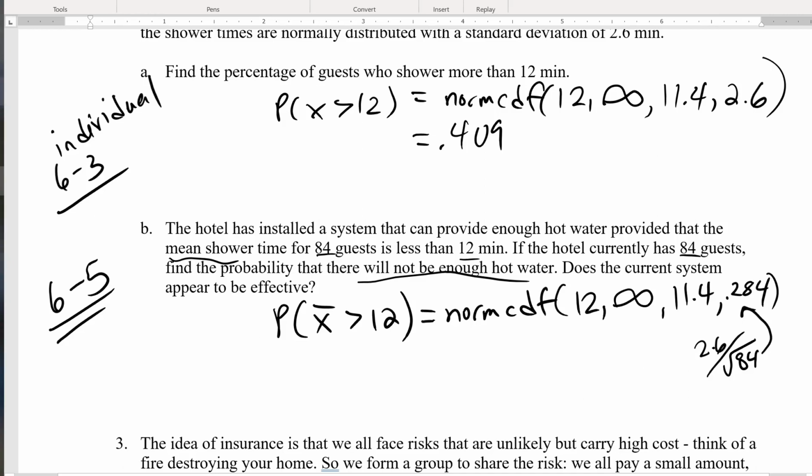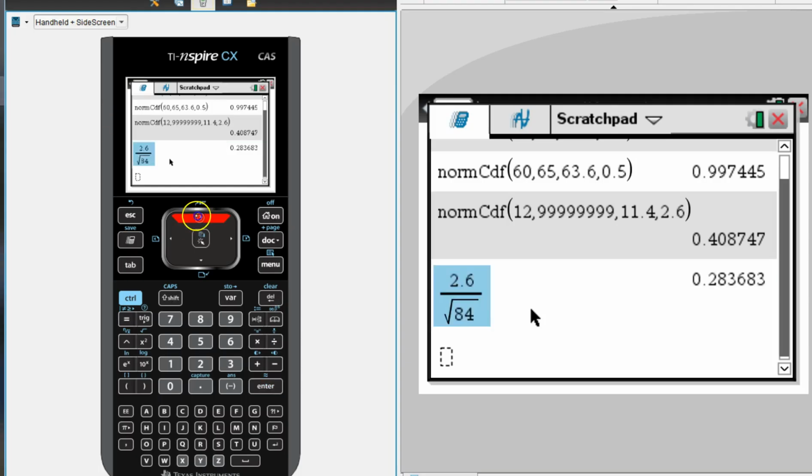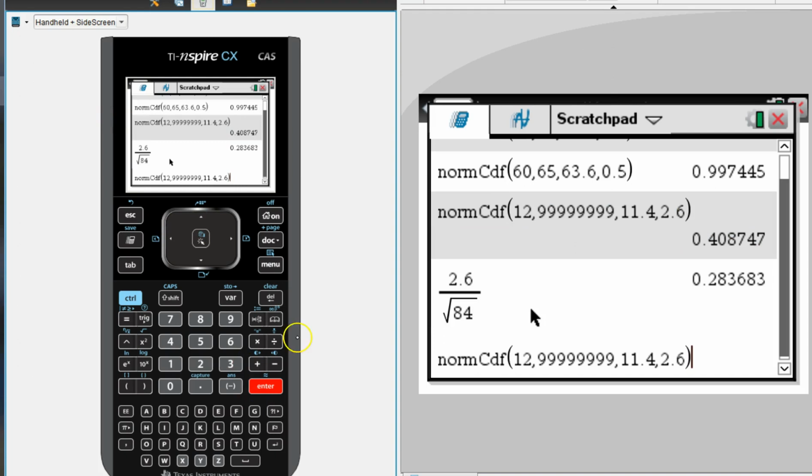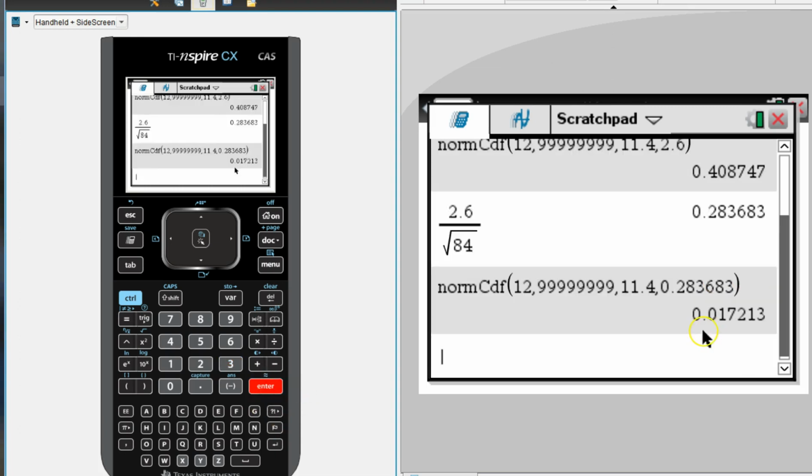And rather than go all the way through the whole calculator again, I'm just going to go back up to this, seal it, and then in place of the 2.6, I'm going to put 0.283683. And I'm going to put as many decimals as I can to keep this as exact as possible, because the computer will penalize you for not being exact enough. So 0.017.